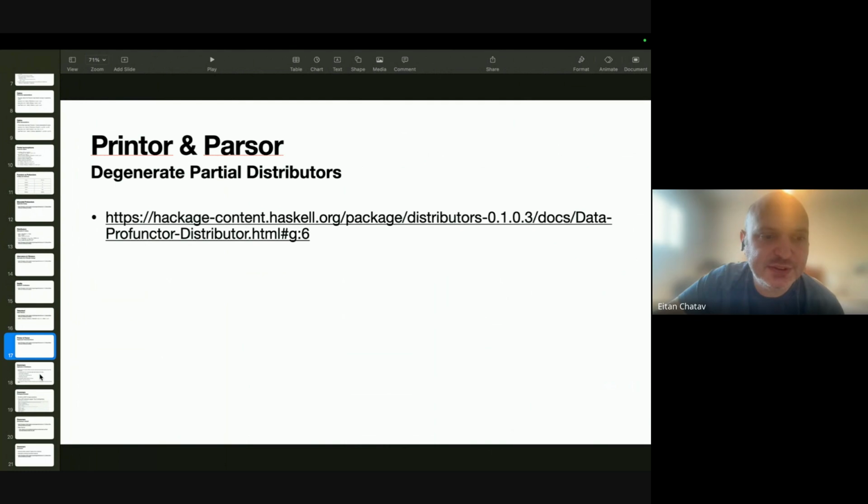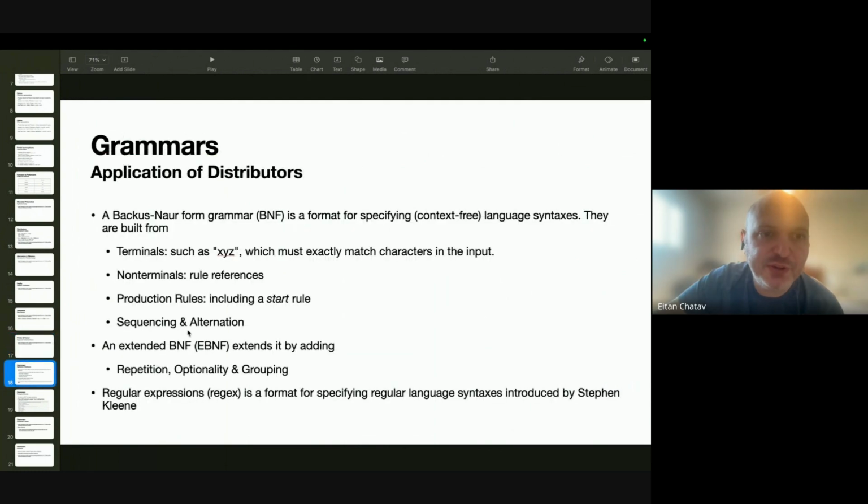Okay. So we talked about printers and parsers. Now let's talk about grammars. This is our money shot application of distributors. A Backus-Naur form grammar, or BNF, is a format for specifying context-free language syntaxes. They're built from terminals, which are just strings that must exactly match the characters in the input.